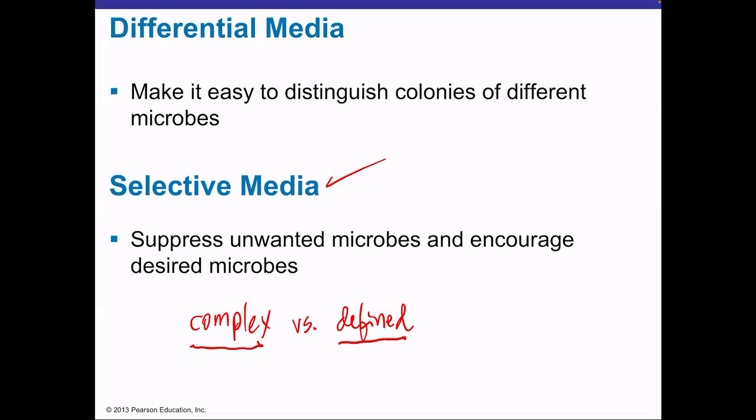And to make this more clear, especially for the defined medium, for example, there is a medium called M9 medium. It could be a broth. And if we look at the list of ingredients in this medium, you will see that you have glucose, and then a list of salts that are included in that medium.